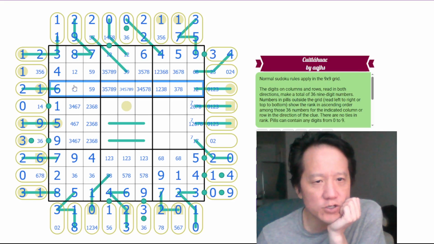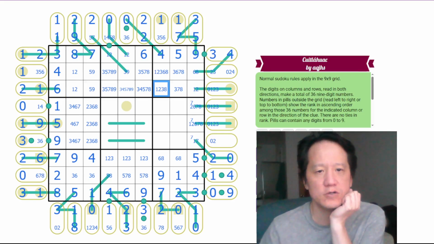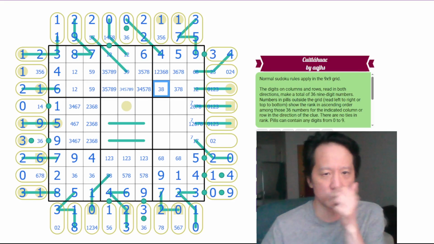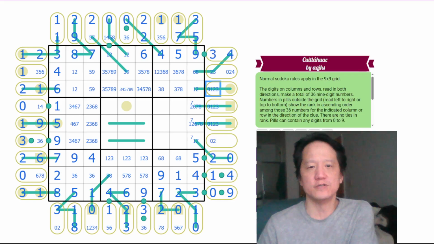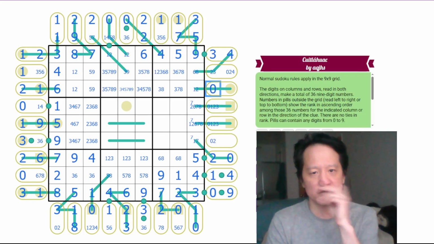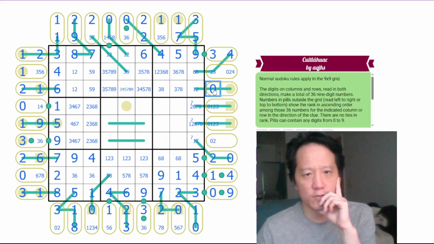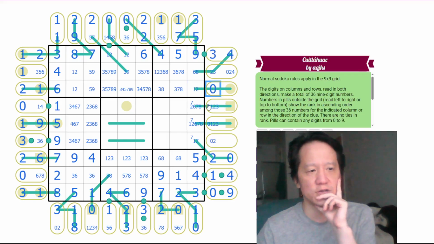We have 1, 2, 1, 2 pair, which eliminates 1 and 2 in the rest of the row. So this can't be 1 or 2. This is 3, 8. So the 1 or 2 is with 0. So this has to be 0 because it cannot be the 1. Any 1 or 2 starts with a 0 or is a rank 0 something.